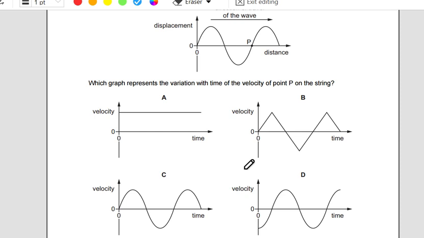you can think about it as the point B will move with the way the wave varies in displacement.